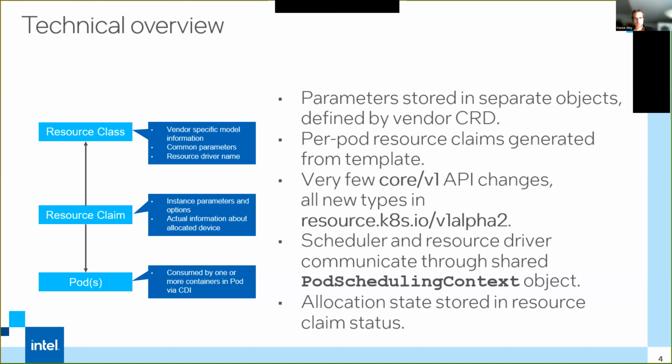That also has the advantage that multiple different drivers can collaborate on the same object and work together to pick a node. The actual protocol is a bit more involved. It may involve some back and forth between scheduler and driver, but so far it's working fine. And I've already mentioned the allocation state that is in the claim status.